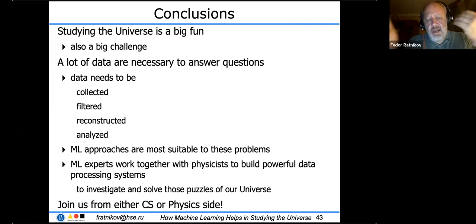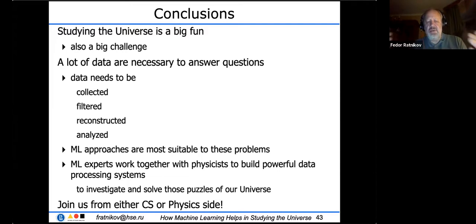In our area, particularly, our group works in those experiments at CERN. We work together with other physicists, and the group consists of physicists and computer science experts. Machine learning experts work together with physicists to build a very powerful data processing system.